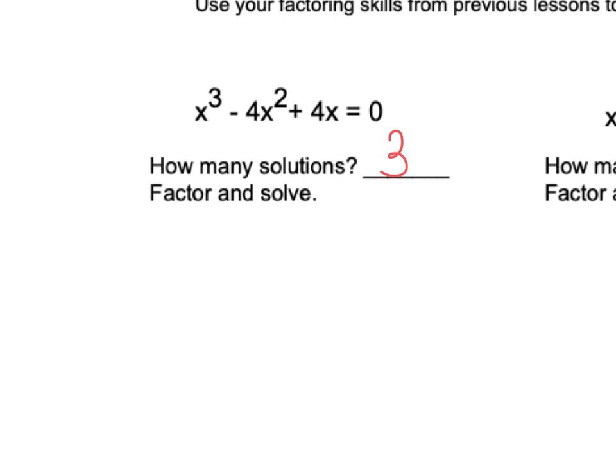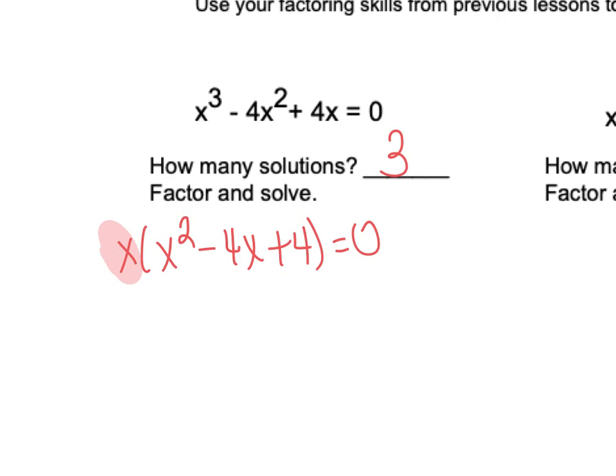That's my first step. Then I want to look and see if there's a greatest common factor. Well, in this case, on this problem, I can take out an x, and I'm left with x squared minus 4x plus 4 equals 0. Okay, don't forget about this x out in front because that is one of your factors that's going to find you a 0.